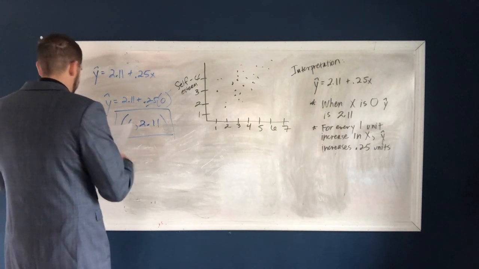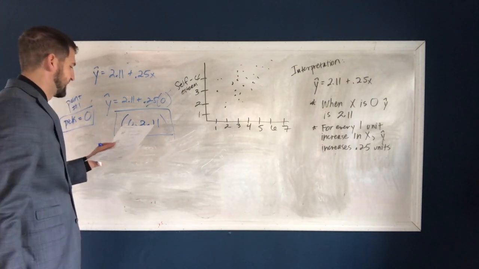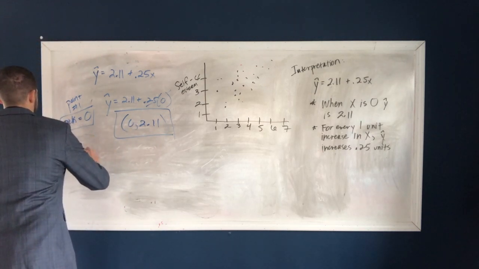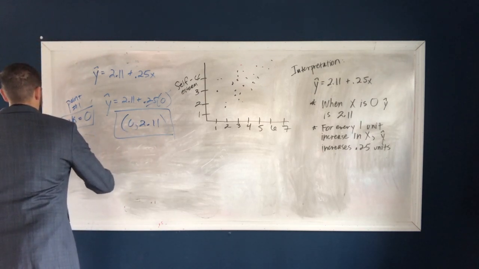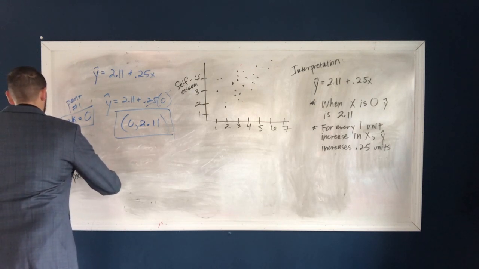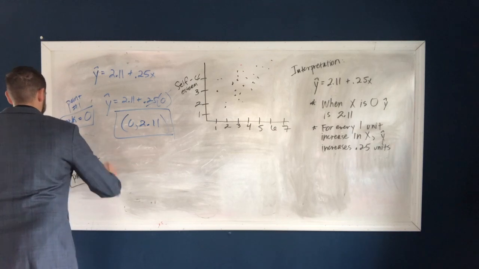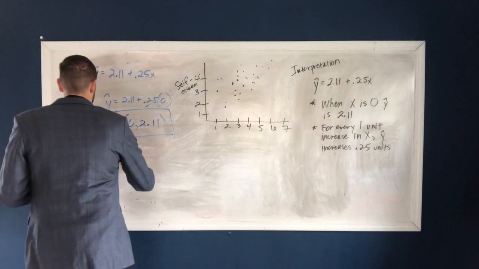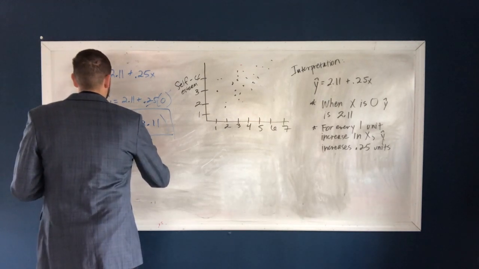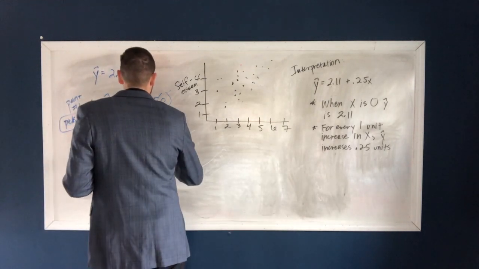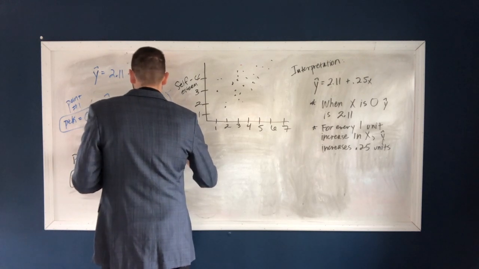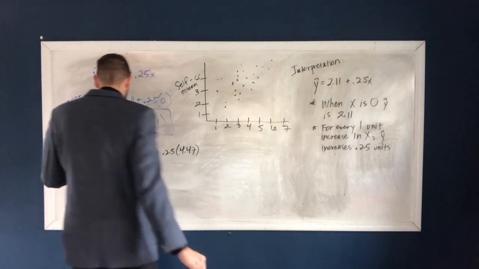For my second point, it looks like I use the mean of x. So point number 2, I picked 4.47. Y hat equals 2.11 plus 0.25 multiplied by 4.47.